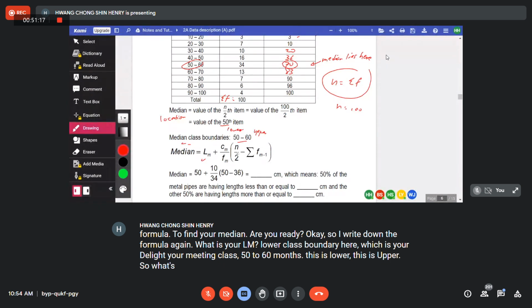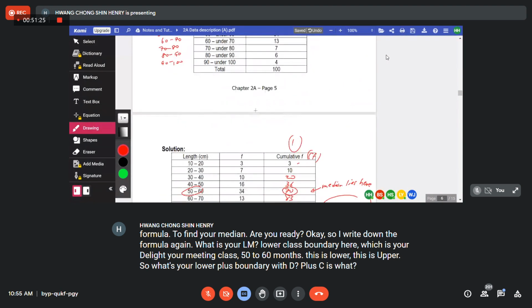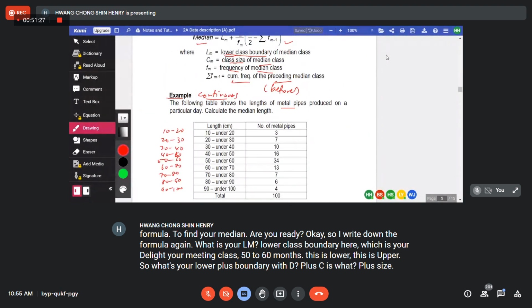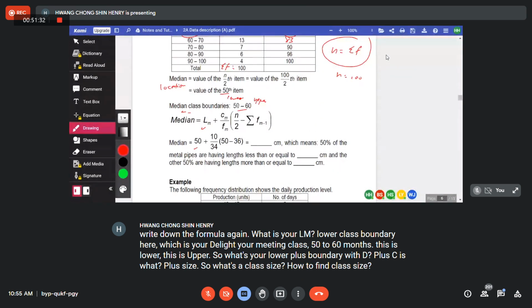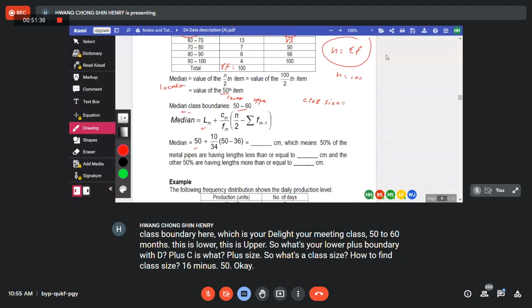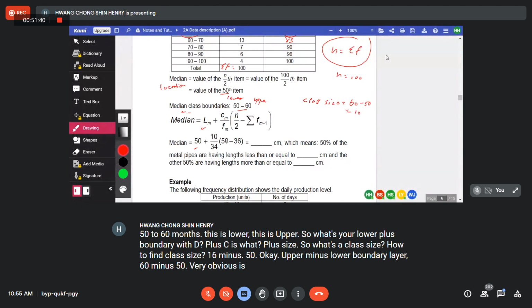So what's your lower class boundary? 50. C is what? Class size. So what's your class size? How to find class size? 60 minus 50, upper minus lower boundary. 60 minus 50, very obvious, is 10.